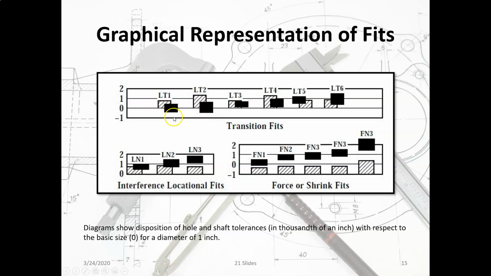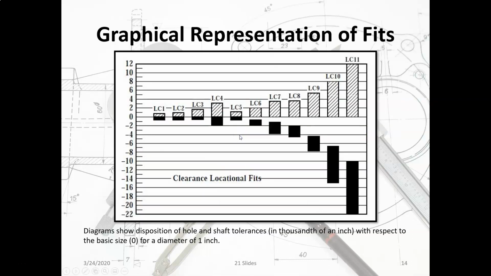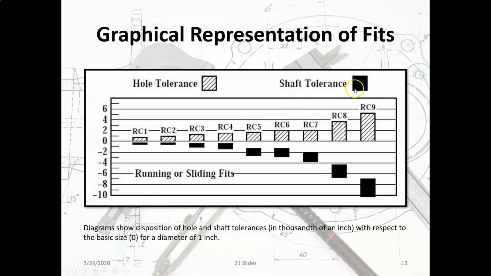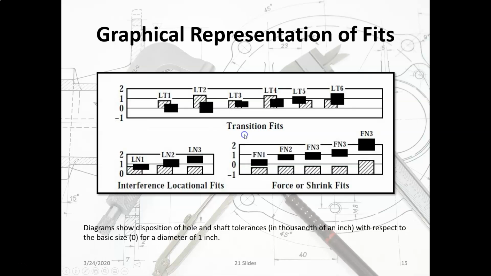What is the black solid? Let's go back. That is the shaft, and the hashed is the hole. So here we have the shaft starting to get into the size of the hole. So this is why we have transition fits, right?